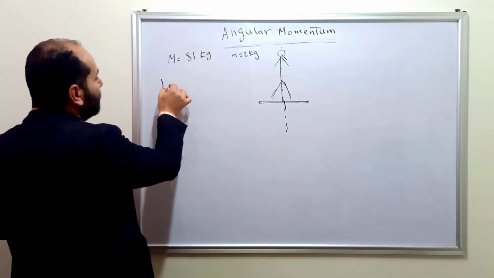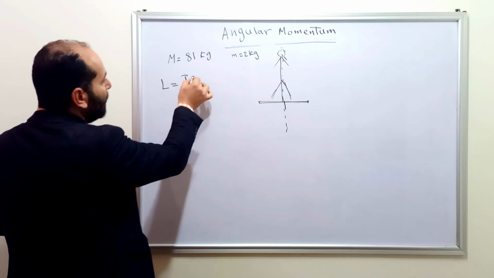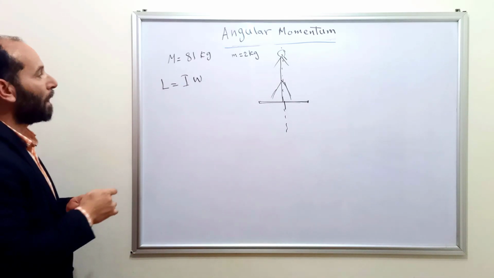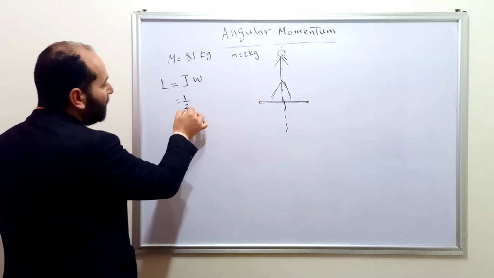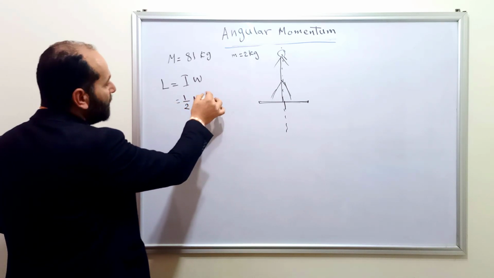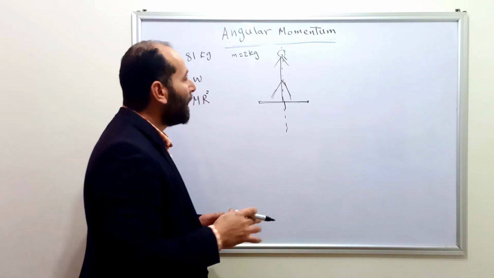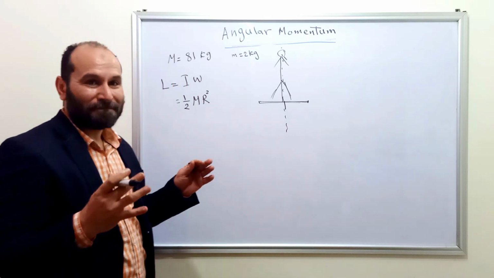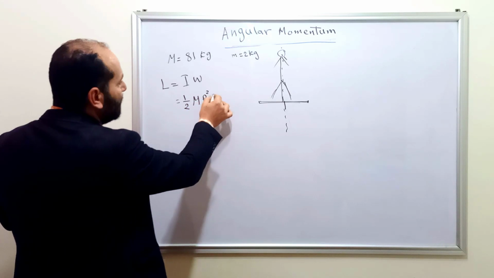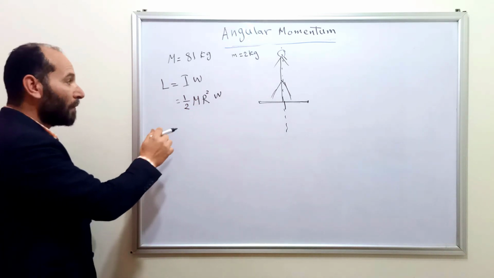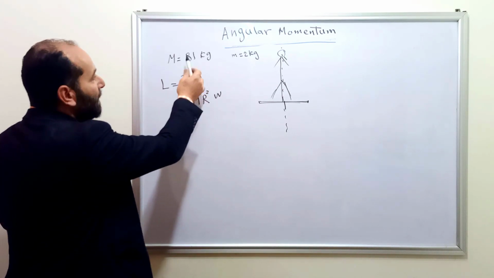L equals I omega. What's I here? I equals half M R squared, because the body is approximately cylindrical, the shape of a cylinder.